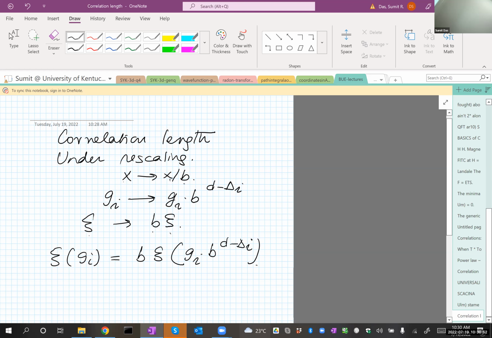Okay. What this equation tells you is that if I change my units, which I use to measure lengths, these parameters gi have to be changed accordingly with some powers. These lambda i's are some numbers.